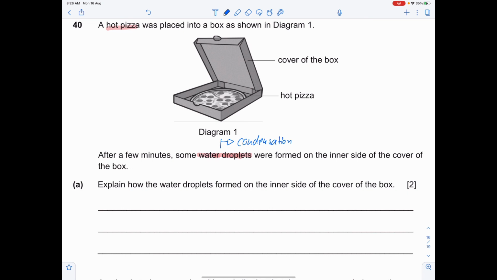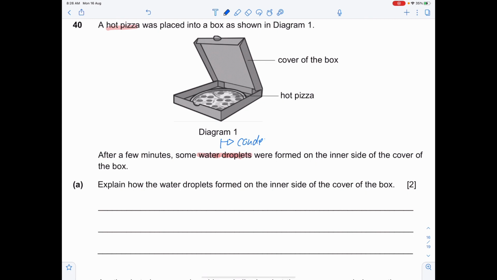So I would pen it down as such. Air acts, or air is a poor conductor of heat. Hence, rate of heat loss. Be very careful, it's always rate. Rate of heat loss from where?